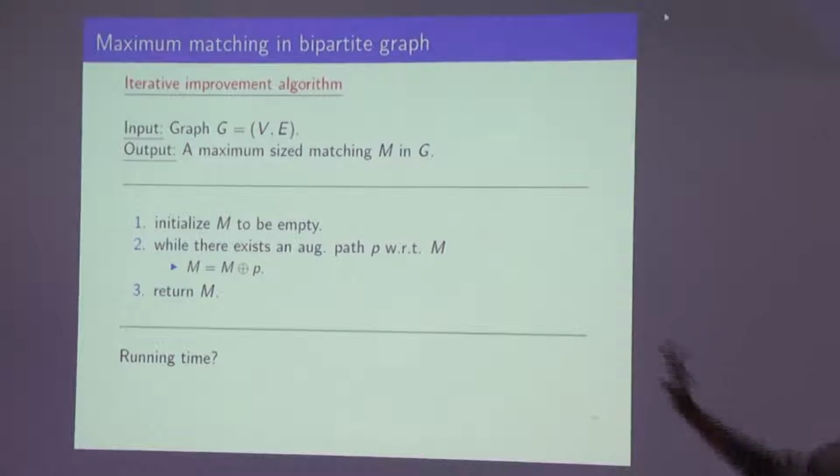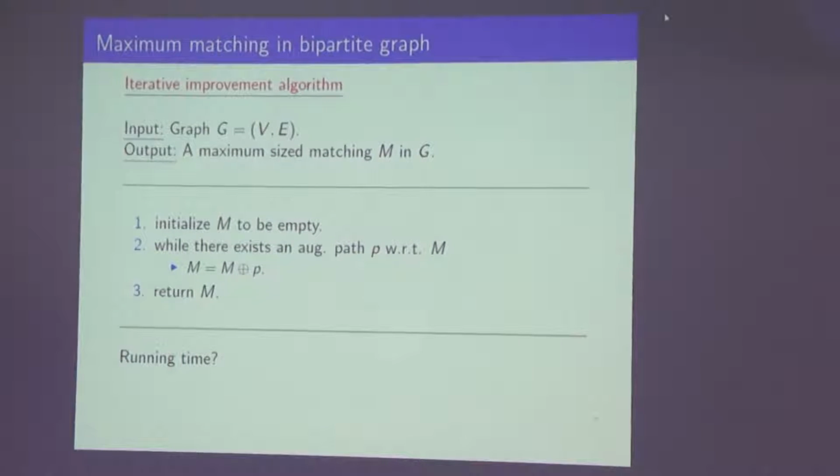So each iteration takes order m plus n time, right? Once you get the path, which can only be of size n because there can be at most all the vertices in your graph, you flip along that and only do order n work. So the total time is dominated by the forming and the reachability, which is order m plus n.